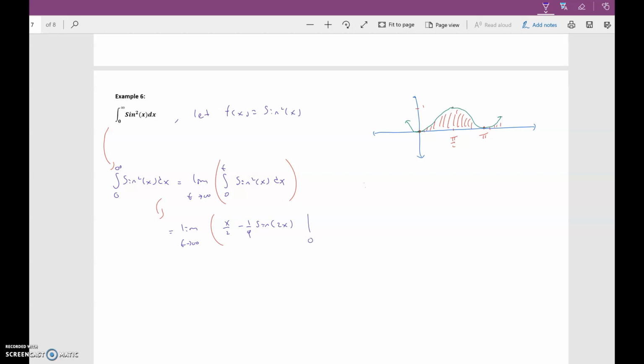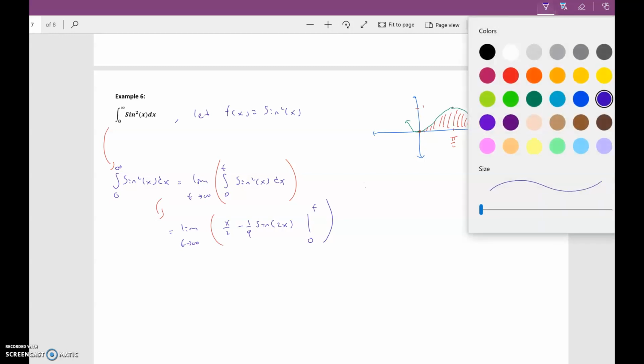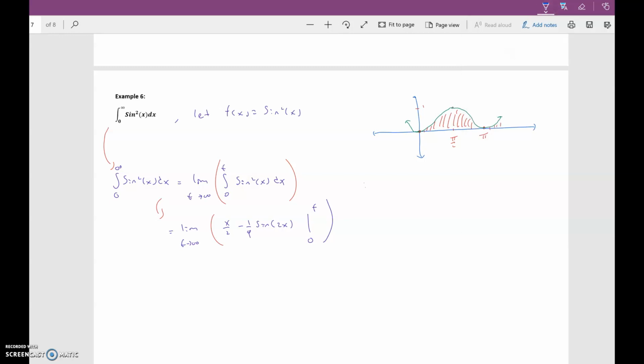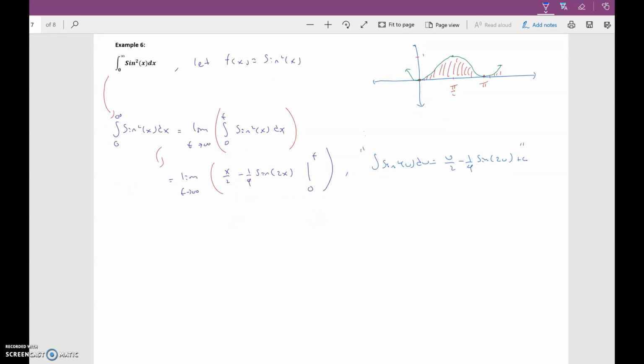We're just looking at 0 to t, and the formula that I'm using is the integral of sine squared of u, which is u divided by 2 minus 1/4 sine of 2u. Technically there's a plus c, but not for the definite integral.